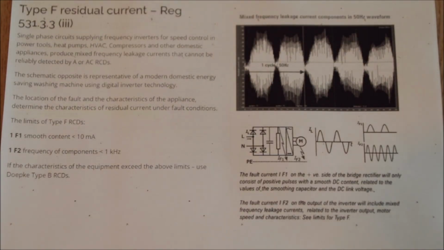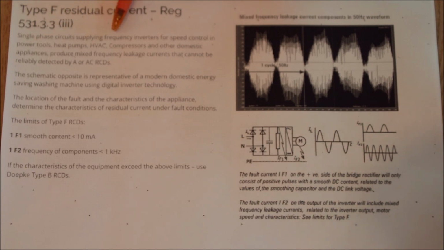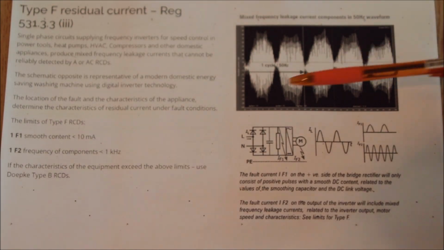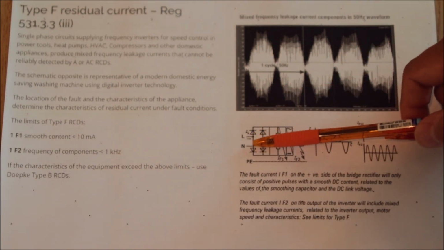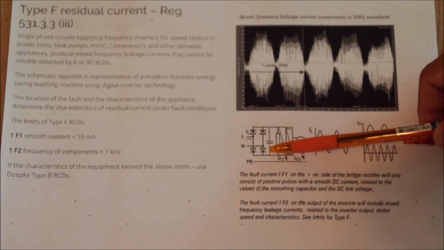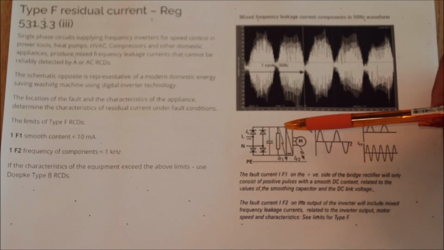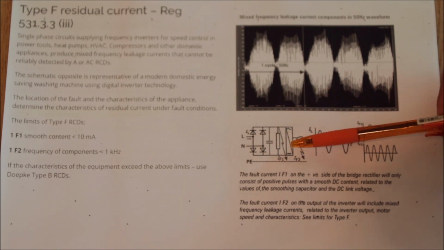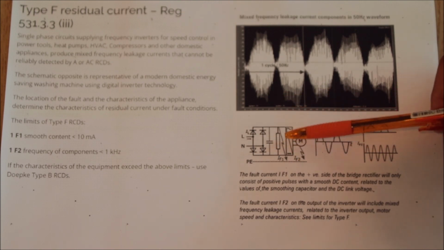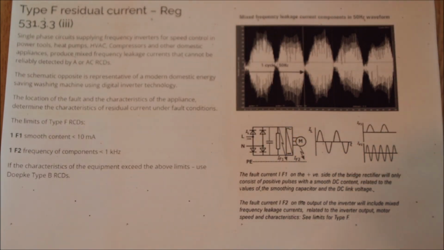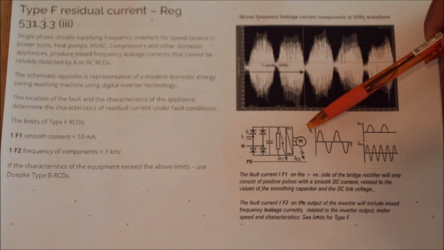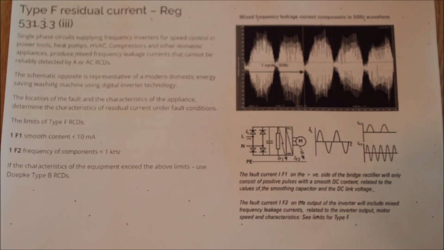The type F, as we said, is for a single phase circuit supplying frequency inverters for speed control. We have in our schematics L and N going in, we have a full bridge rectifier, meaning that here we have our DC side, and after the DC is generated we have an inverter again which can make our variable frequency and thus make our speed control of the synchronized motor.